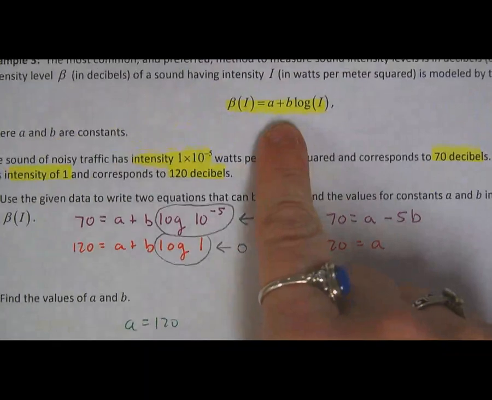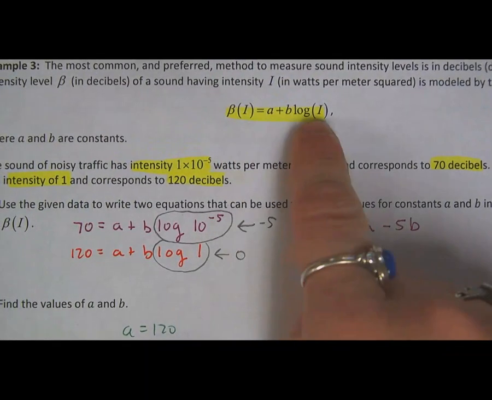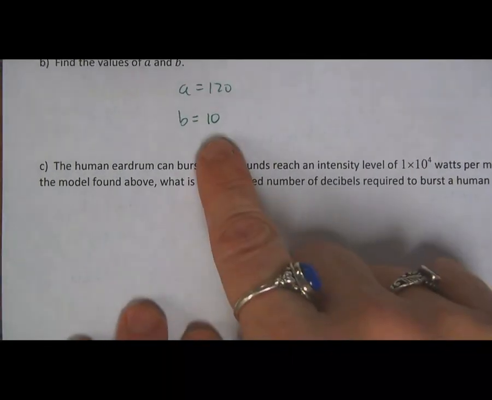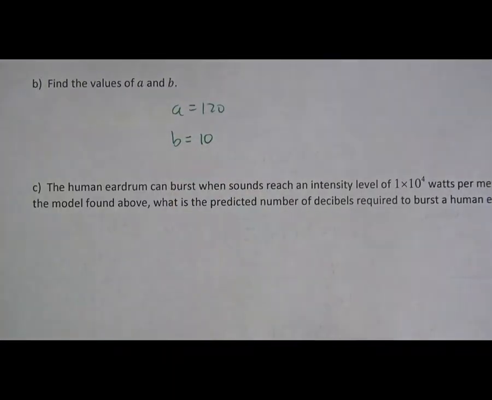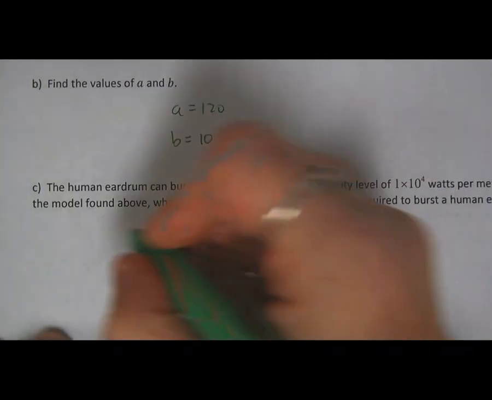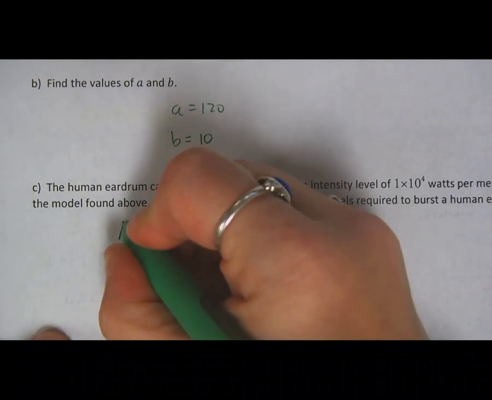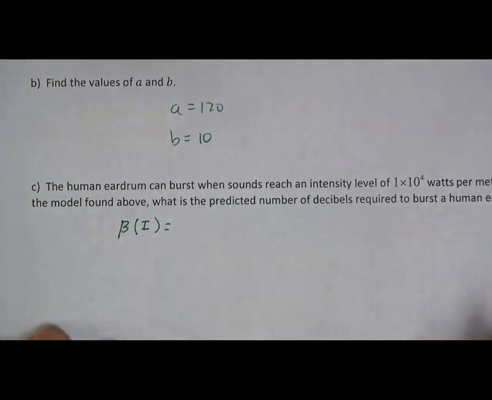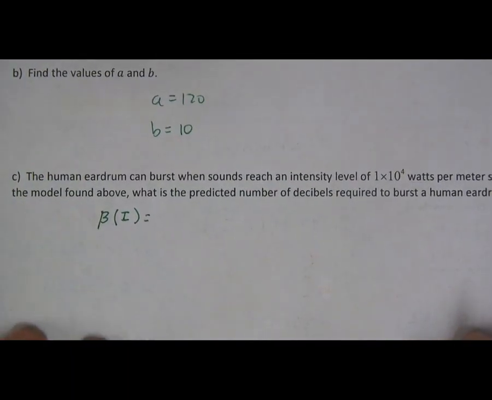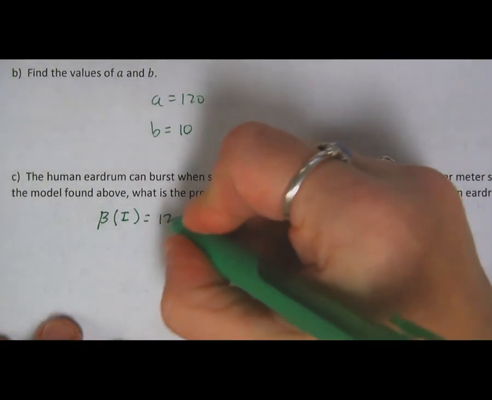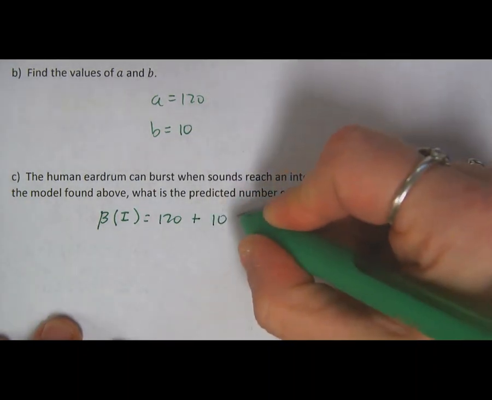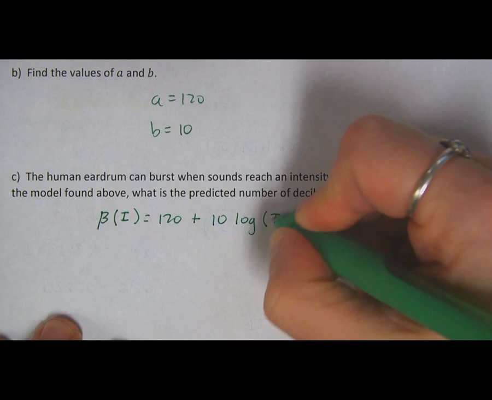Let's take this equation up here that has our inputs as intensity and our outputs as decibels, and apply what we just figured out A and B are. So I'm going to say beta of intensity equals A, which was 120, plus B, which is 10, log of I.